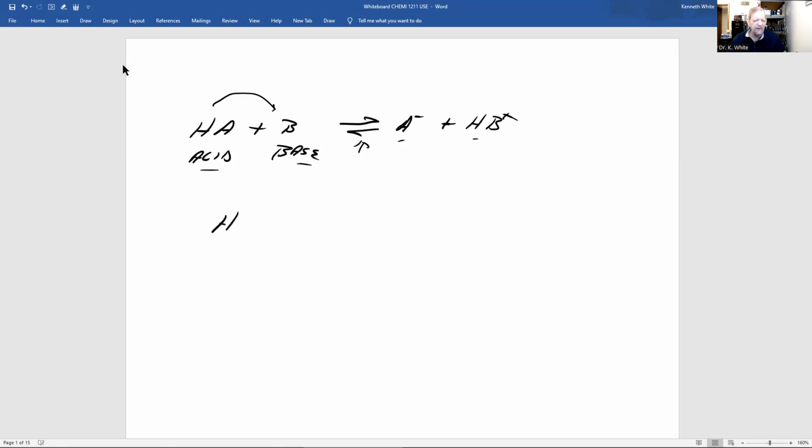Let's just do a simple acid. If it's a strong acid, and let's simplify the equilibrium, it goes mostly to the right, and a little stays on the left.